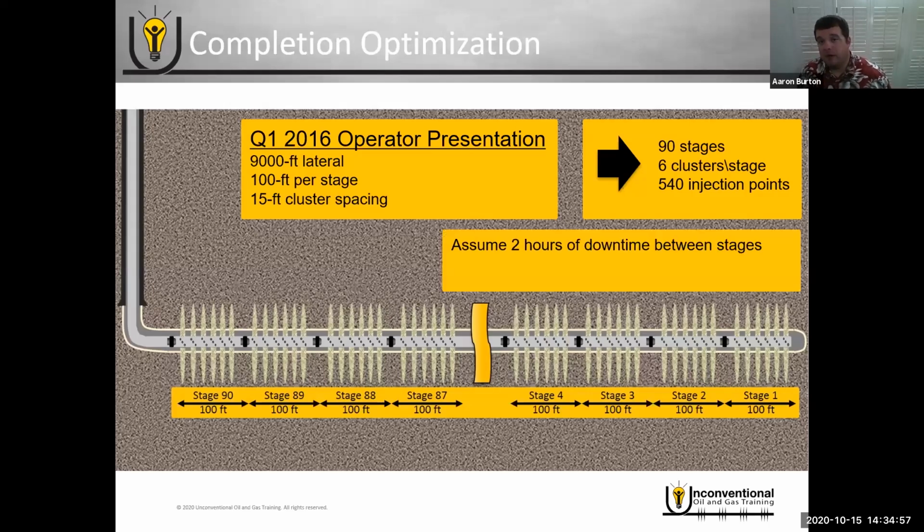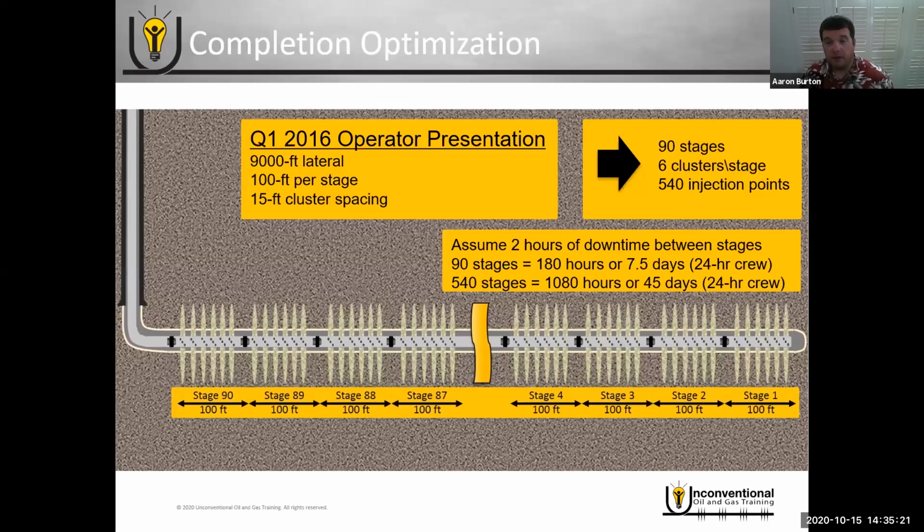So if we make that same 2-hour assumption to run the plug, set it, perforate, and pull out of hole, 90 individual stages would be 7.5 days of wireline time. 540 stages would be 45 days of downtime. And that's, of course, just assuming that everything goes correctly, and that's without counting the fracturing time. So fracturing would be very, very inefficient with single entry plug and perf.